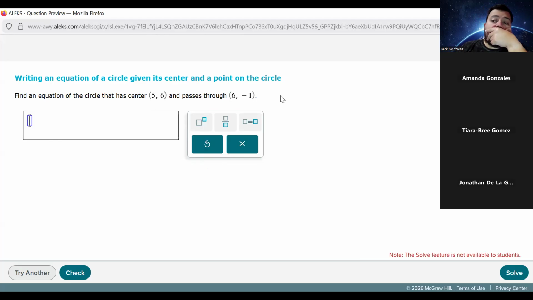So this one has a center and a point. We did a few of these. Did you want to do this one again? Okay. Let's do it on the paper. 21.